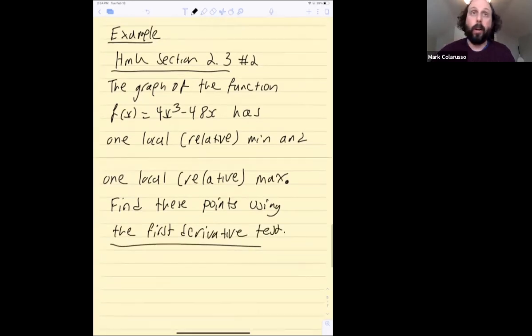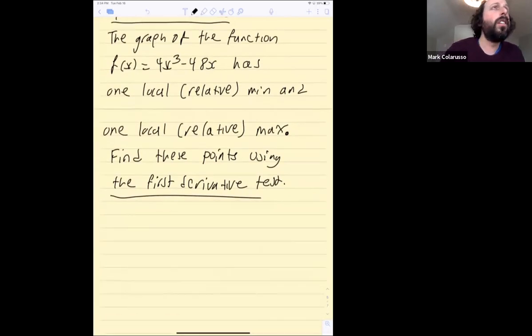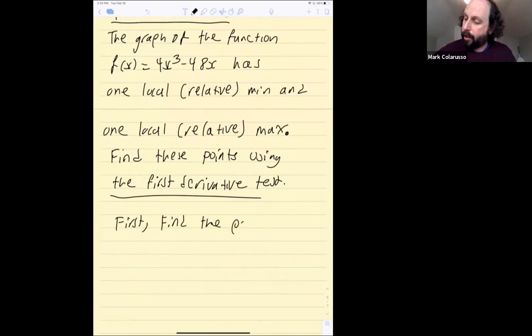Okay, so here we go. First, we need to find the points a such that f prime at a equals 0.